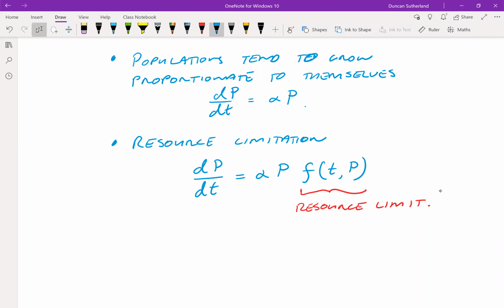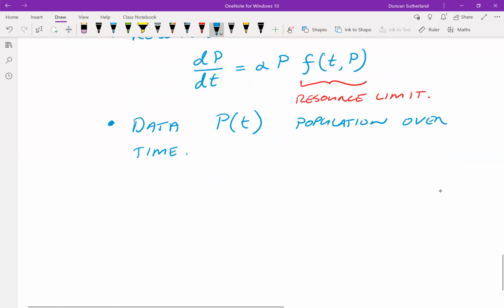So what you might actually do, if you're an applied scientist going out and measuring populations, counting beetles or birds or fish, is get data which is p as a function of time. Population over time.